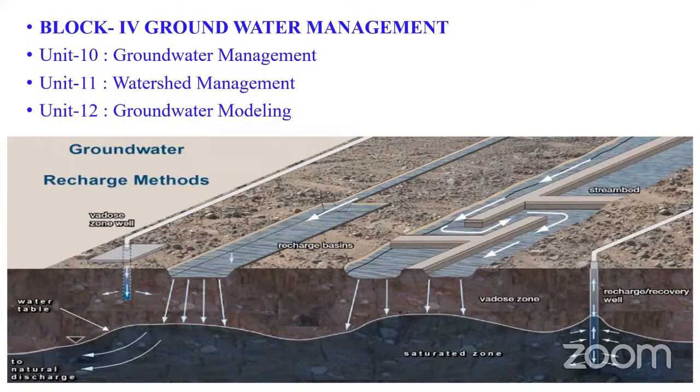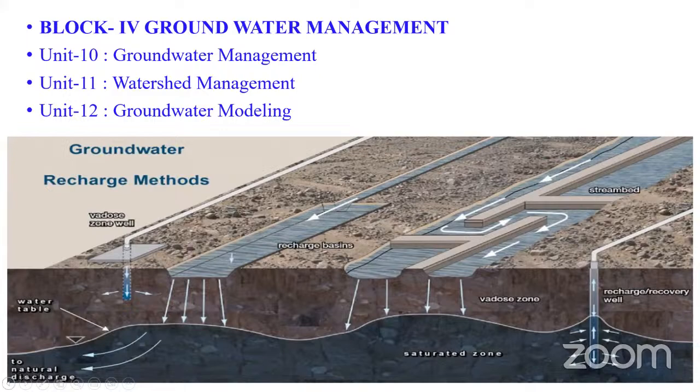So we have to maintain some methods to control groundwater quantity usage. Quality relates to pollution, and quantity management relates to how we will use, how we will pump out, and how we will recharge.